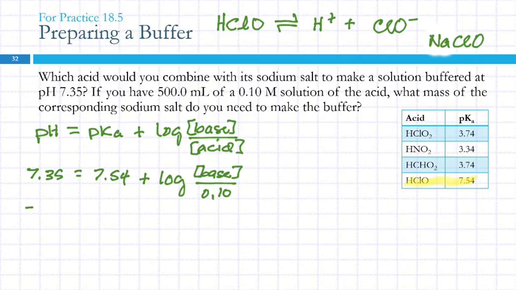And so that's giving me negative 0.19 equals the log of base divided by 0.1. To get rid of the log, I do 10 to the x of both sides.